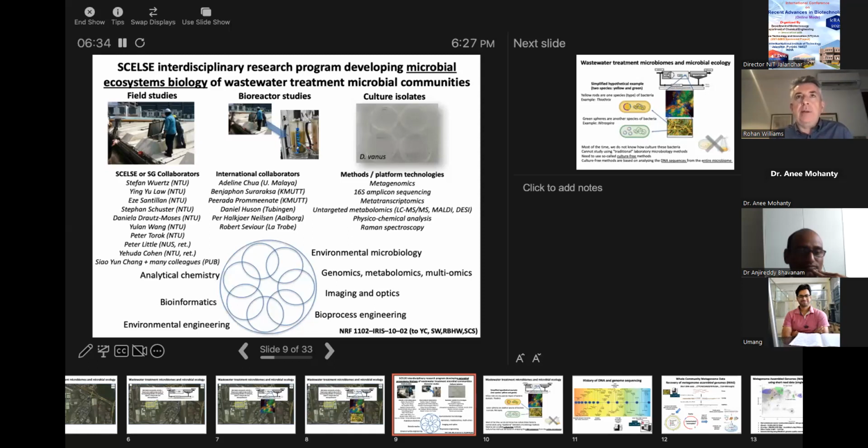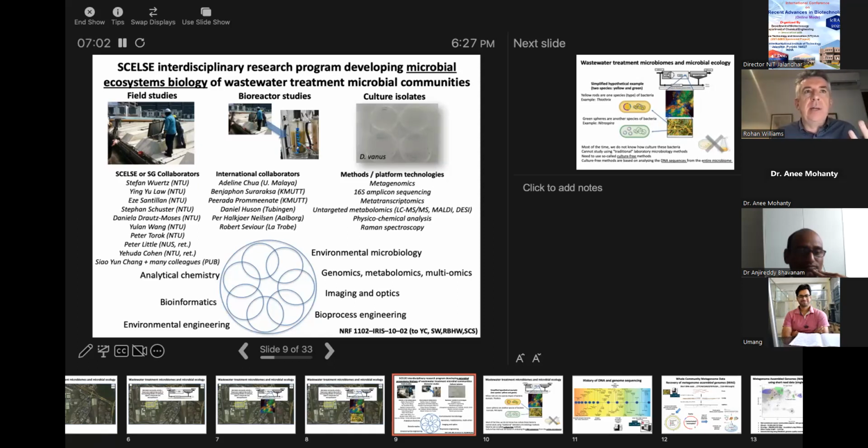We make use of bioreactor studies where the microbiome in these communities is used as an inoculum in chemostat-style bioreactors. And more recently, some of us have got interested in culture isolates of different kinds. My own group has become particularly interested in Diplococcus vannus as a model system for some of the bioprocess ecophysiology that occurs in these plants.